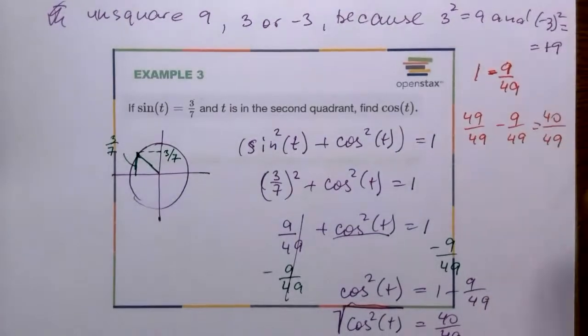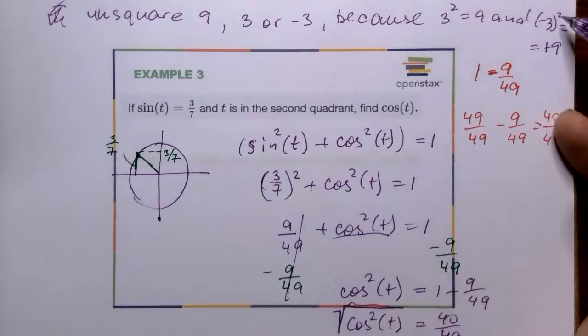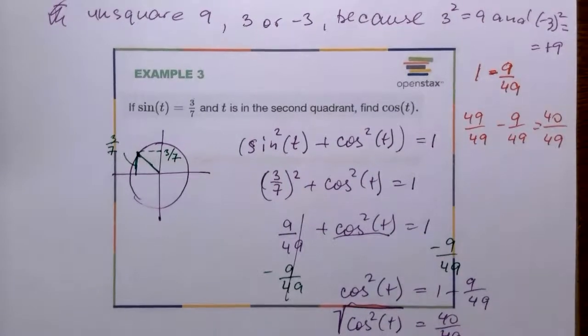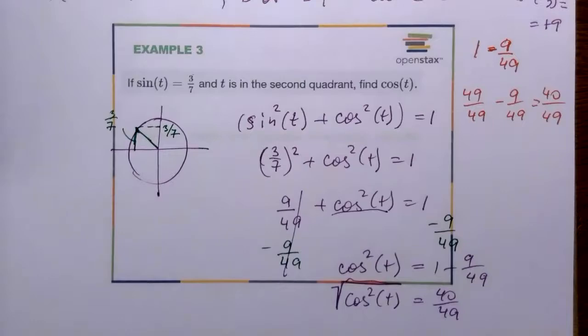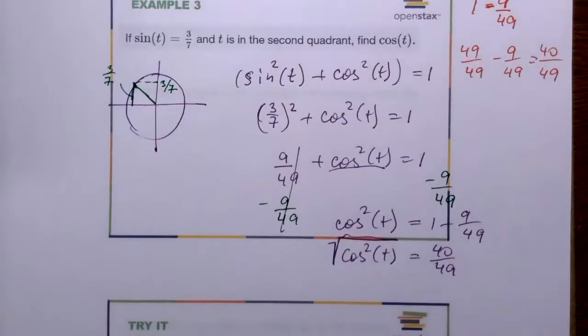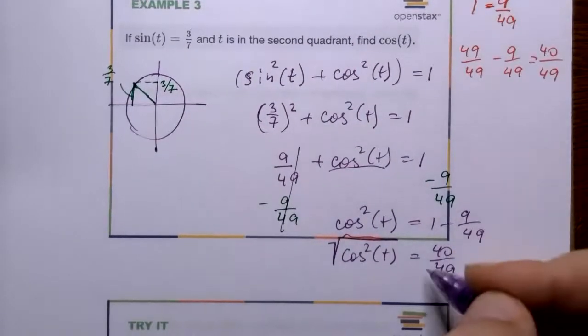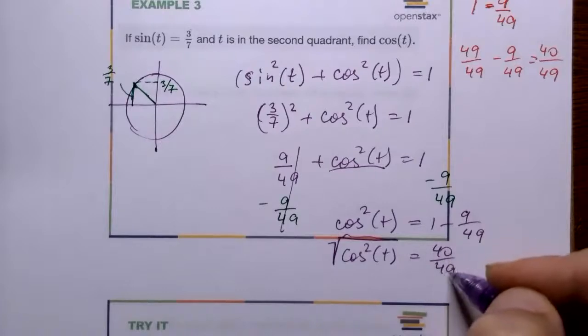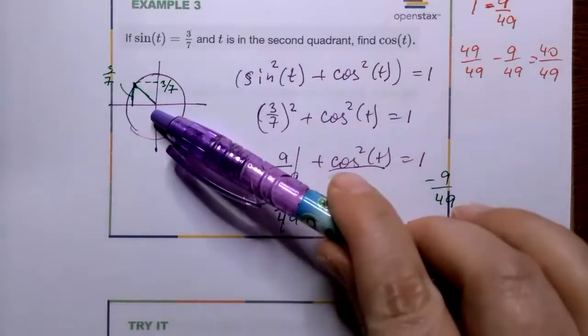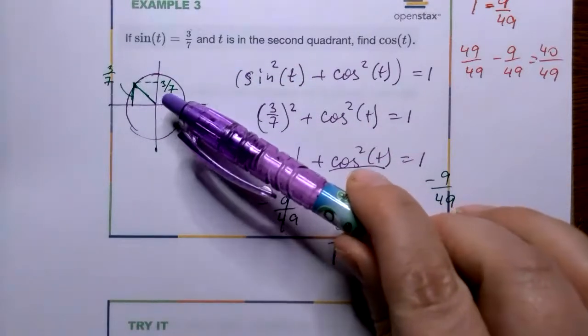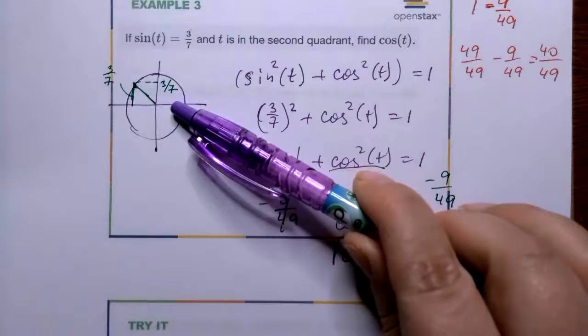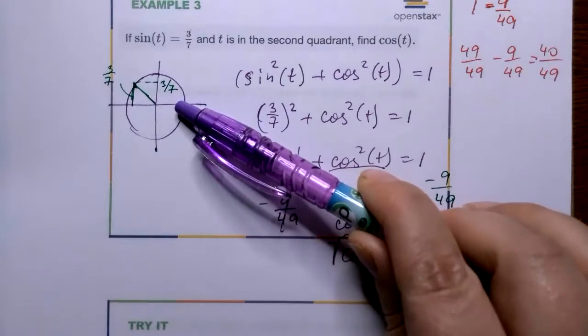If you disagree and think that it's negative 9, then talk to me after class or during my office hours, up to you. So basically, when we are unsquaring this 40 over 49, we have to choose either the positive square root or the negative square root.